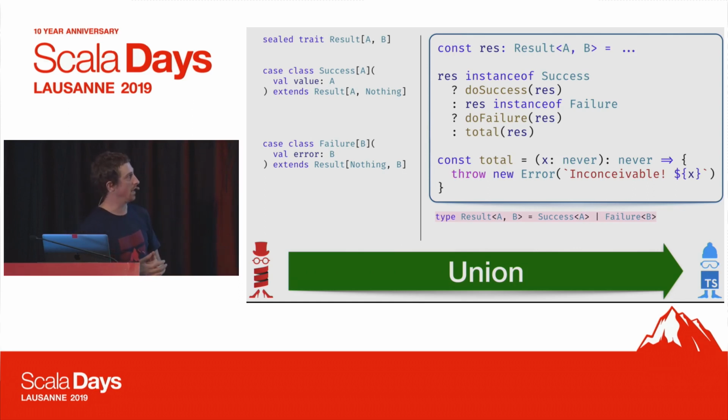And same for doFailure, and by the time you get down to total, res will have a type of never. And so what the total function does is provide a compile time check that this fold is indeed total. And if something weird happens at runtime, it's going to blow up with the inconceivable message.